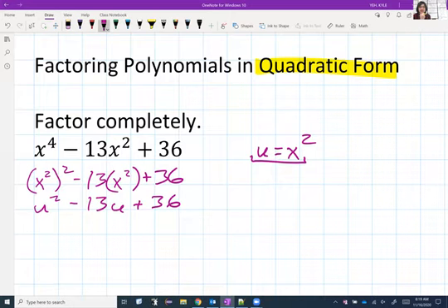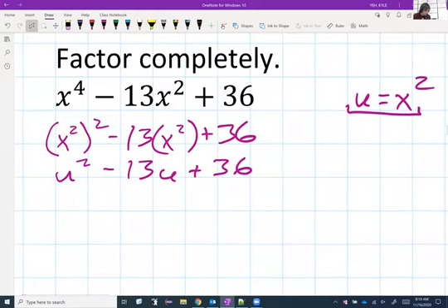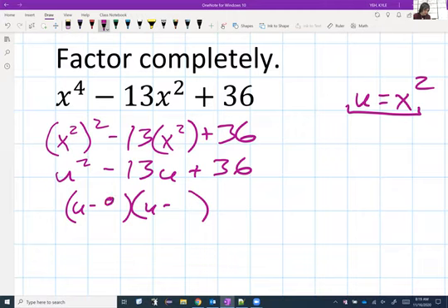Now that's something I can factor. That's basically a chapter 5 factoring problem. So I can set up my parentheses. I can say, okay, so that's u, and they're both minuses. Multiply to be 36, add to be negative 13: minus 9, minus 4. And so it looks like it's factored. We should never, though, if our problem is given to us with x's, leave our final answer without x's.